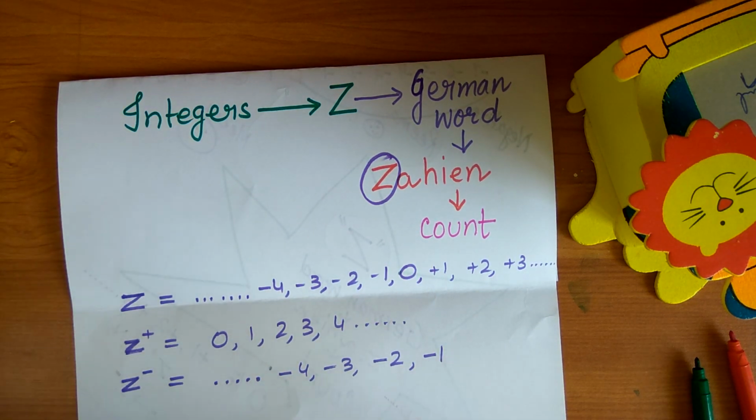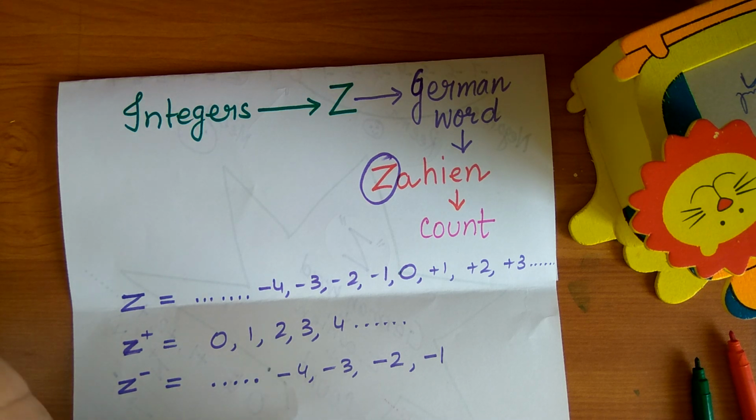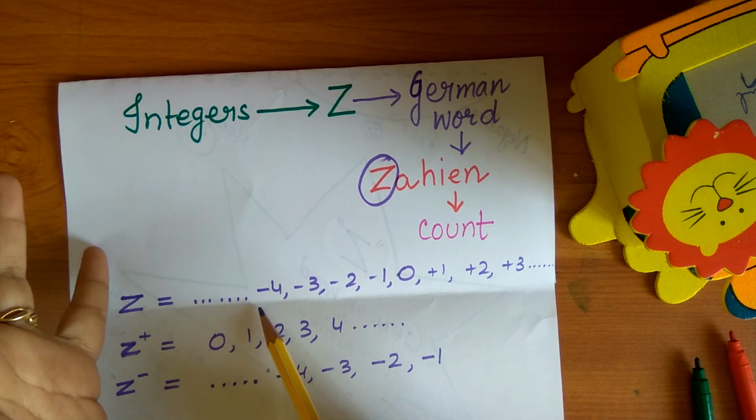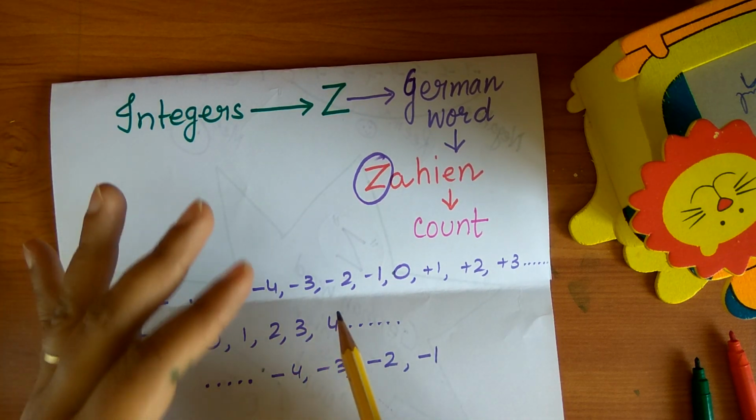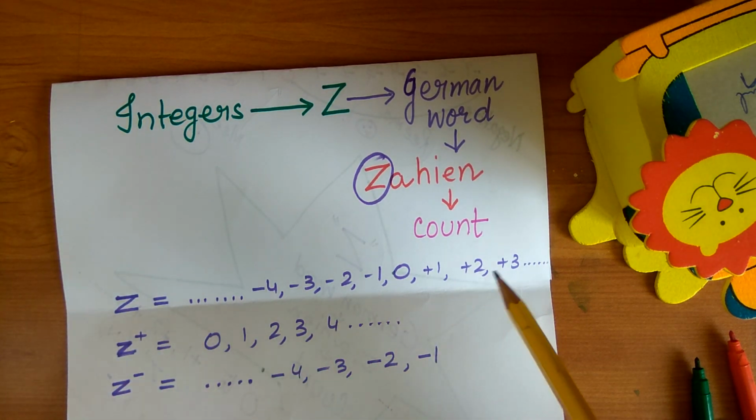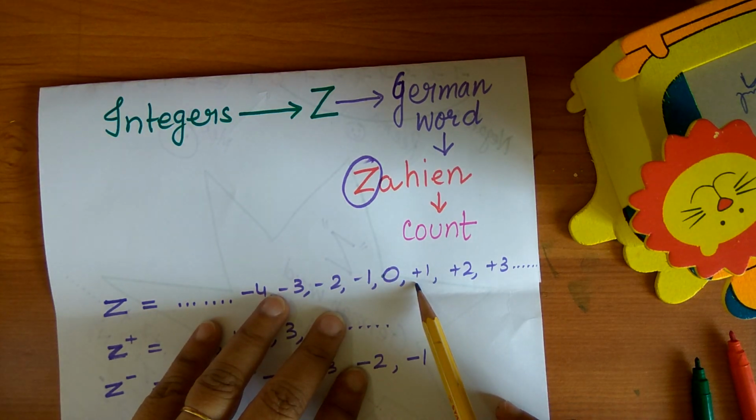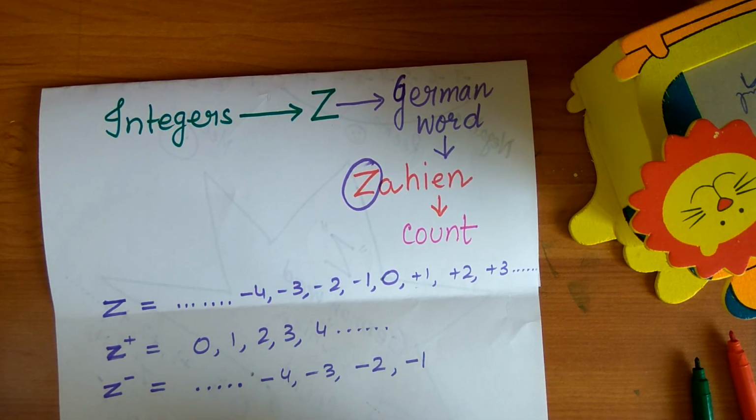So Z is the set of numbers which starts from negative infinity like this to -4, -3, -2, -1, 0 and then with positive signs 1, 2, 3 and so on.